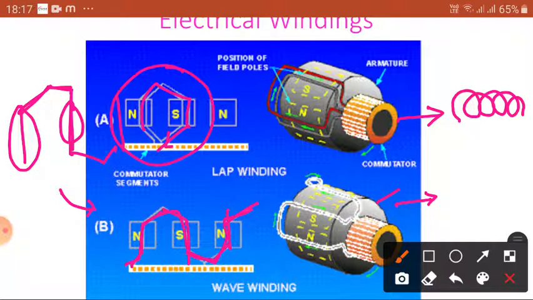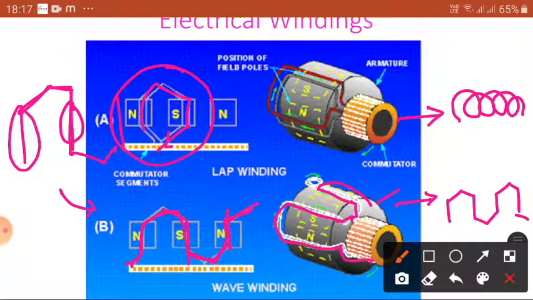You can see the connections in the commutator where it is connected to one segment, and this coil is connected, and by back pitch it is going to the other coil and is connected to another. Okay, so this is a similar wave, that means this wave is connected here, just like a wave. Okay, this is a wave winding.